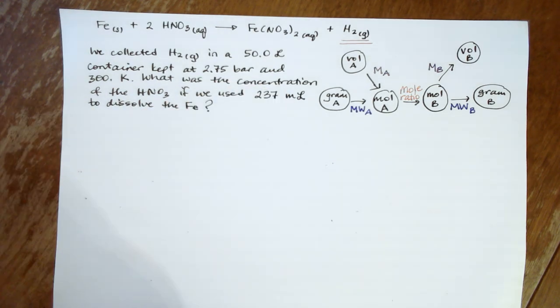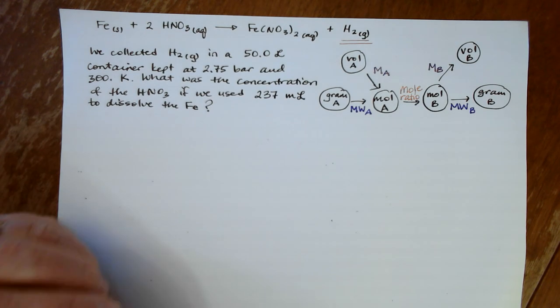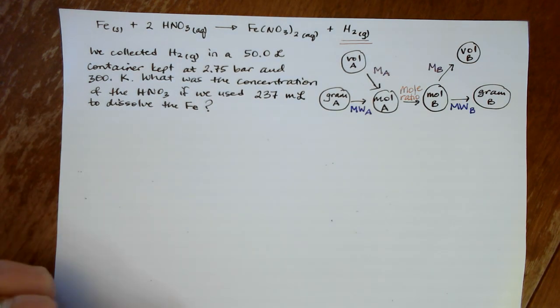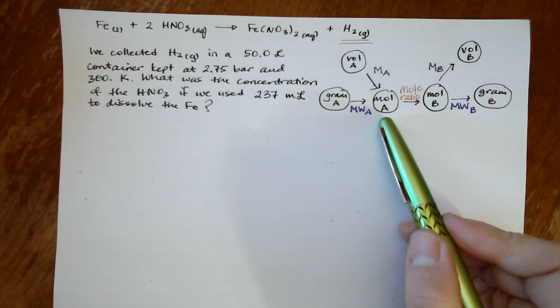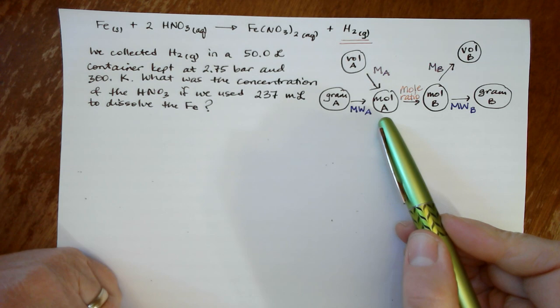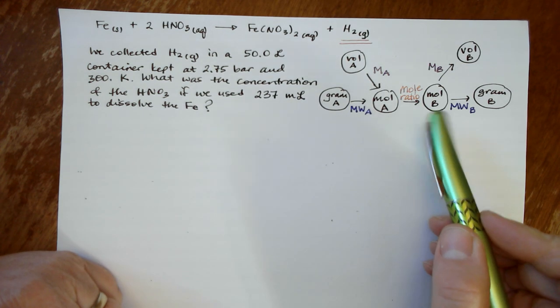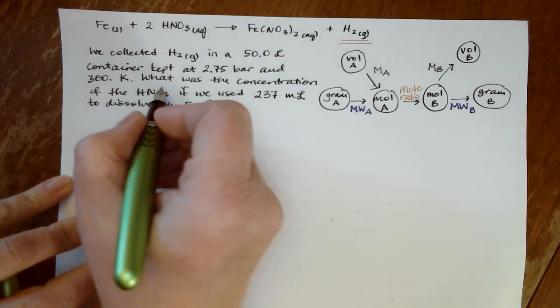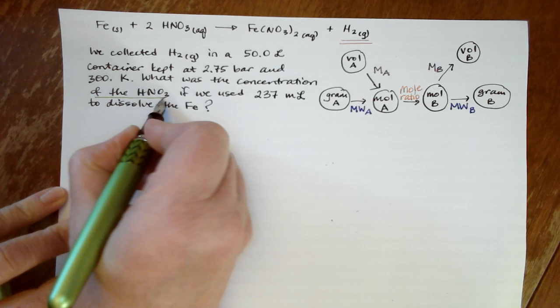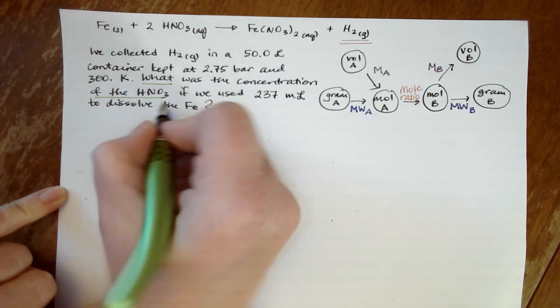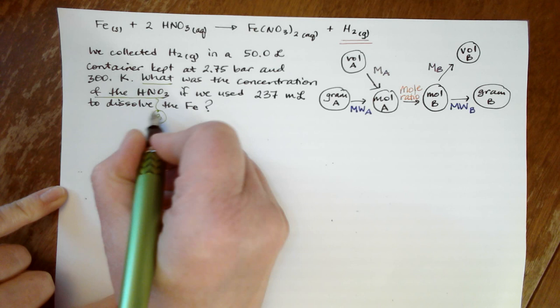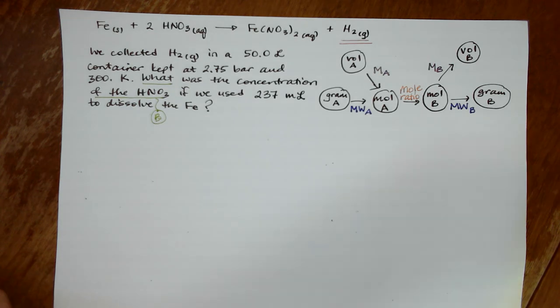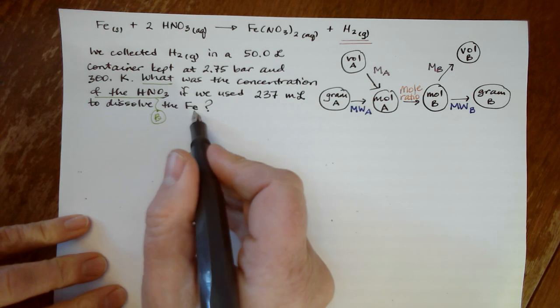Just like before, when we do our stoichiometry problems, we always want to think about what is the A and what is the B. What is the thing that we know a lot about, and what is the thing that we are asking about? When we say what was the concentration of the HNO3, this tells us that the HNO3 is the B. We said something about iron, but we don't have any numbers.